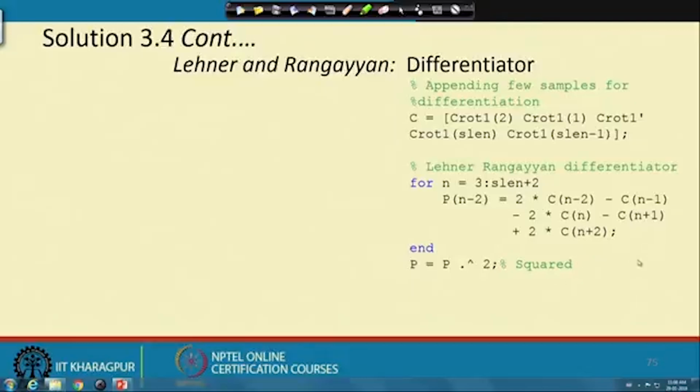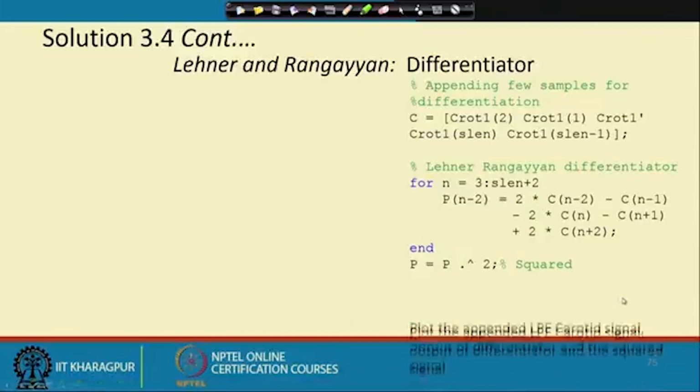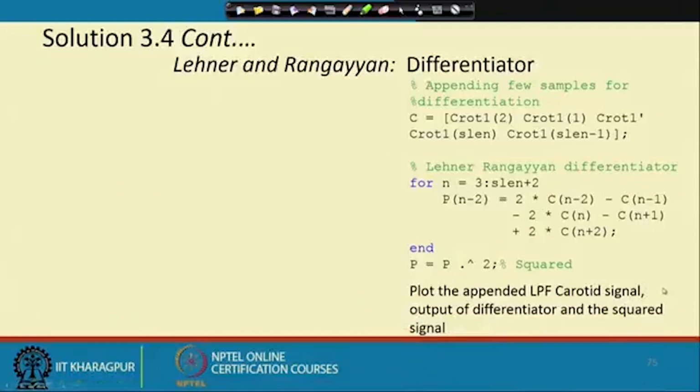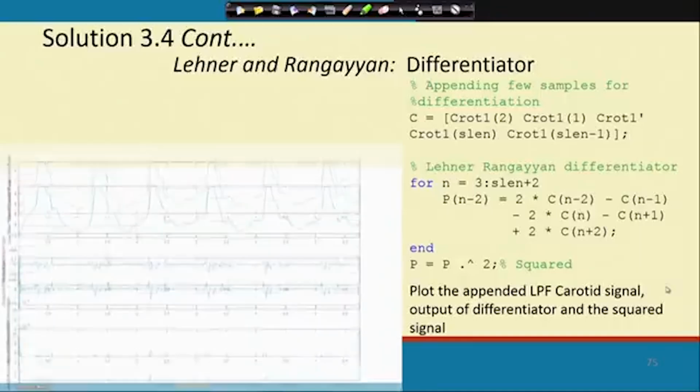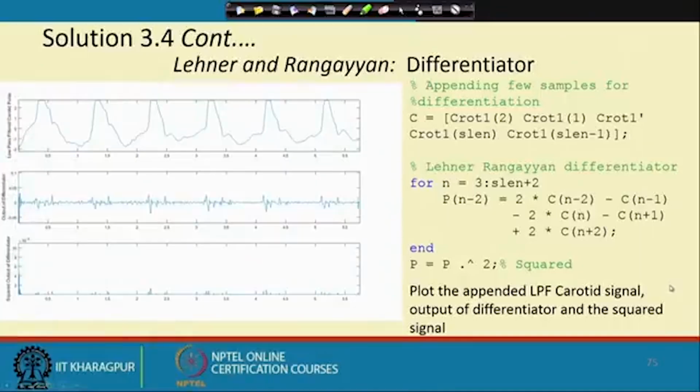So, we have that output here of the differentiator followed by the pointwise squaring operation, and then we plot that signal. Okay. What we get?